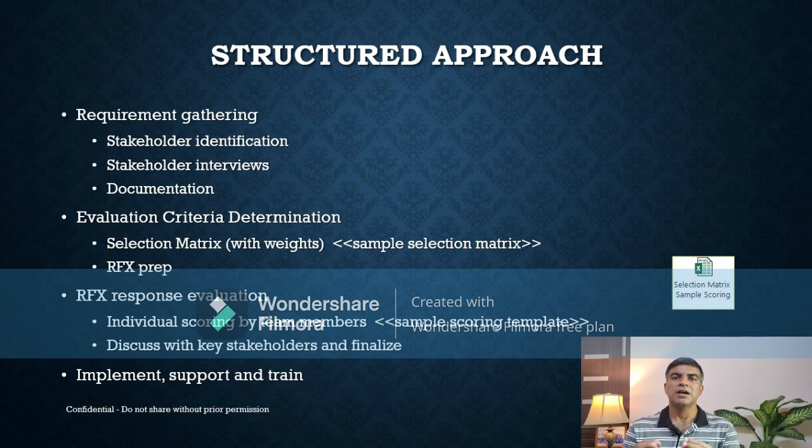Then you have figured out who would be your final supplier. Do communicate that to your stakeholders, get their buy-in and approval as required, and then implement the system. Once you have implemented it, then definitely train the stakeholders and provide support.